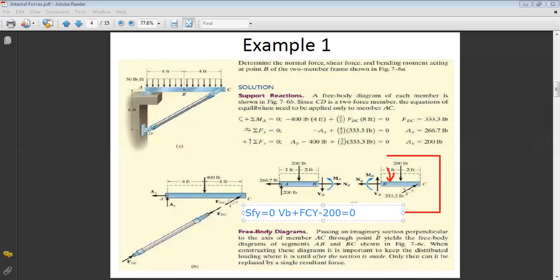Also for N, to calculate N, you do sum of Fx equals 0. What do we have?